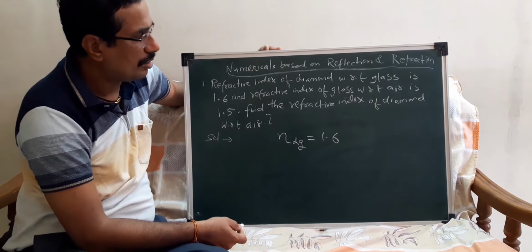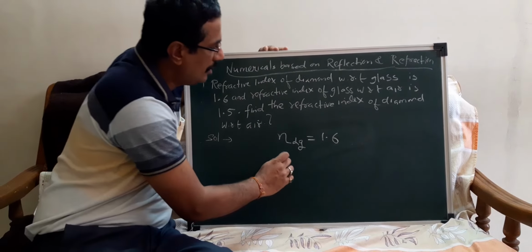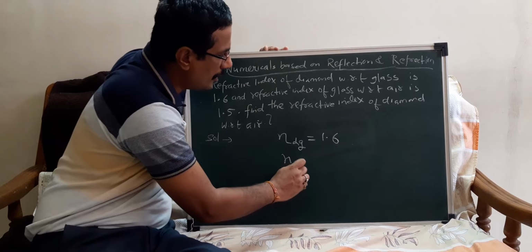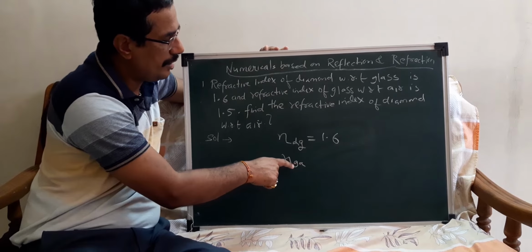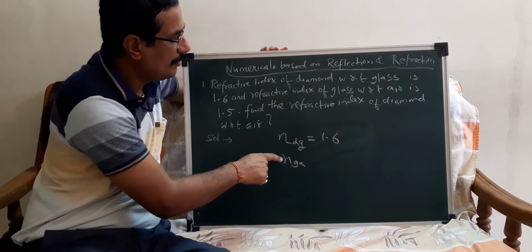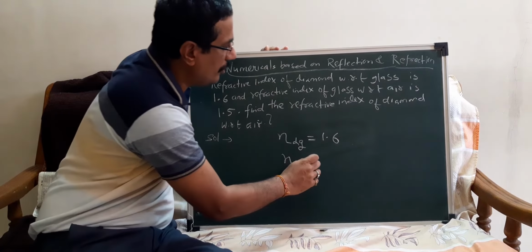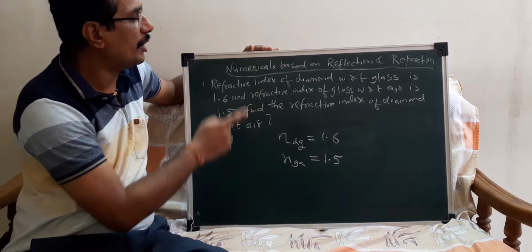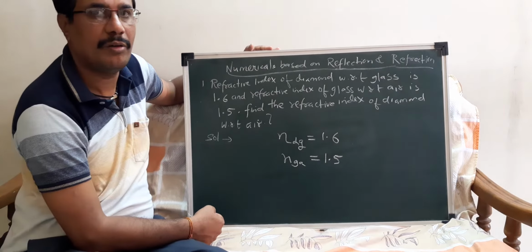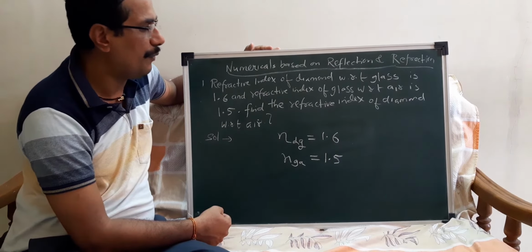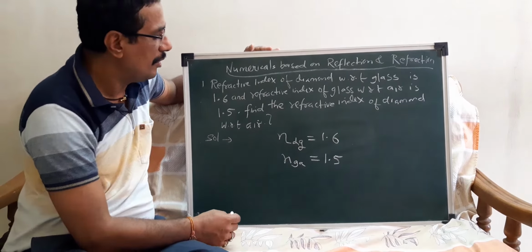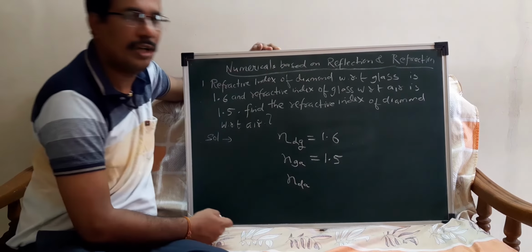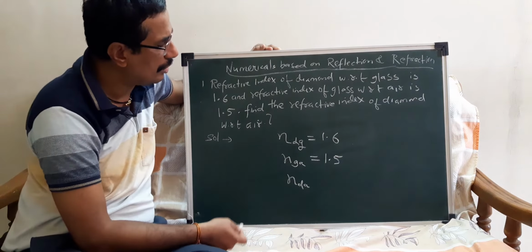Second, the refractive index of glass with respect to air is given. Refractive index N, of glass G with respect to air, G A. A stands for air, G stands for glass. The refractive index of glass with respect to air is given as 1.5. What you have to calculate is the refractive index of diamond with respect to air, that means you have to calculate N D A. How do we calculate this one?